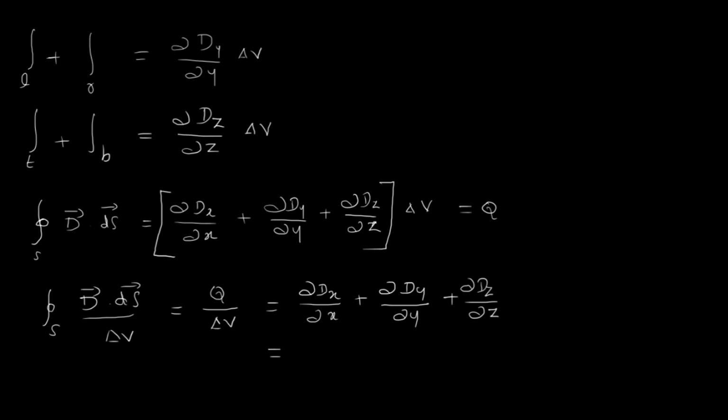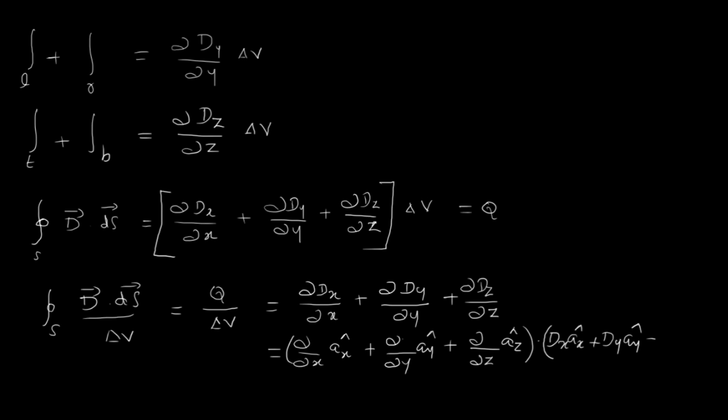Now this partial differential of Dx with respect to x, Dy with respect to y and Dz with respect to z can be expanded like this: variation along x in x cap, variation along y in y direction, variation along z in z, dotted with my D vector. The D vector can be written in general as Dx ax cap plus Dy ay cap plus Dz az cap. So I can expand the right hand side of that equation like this.